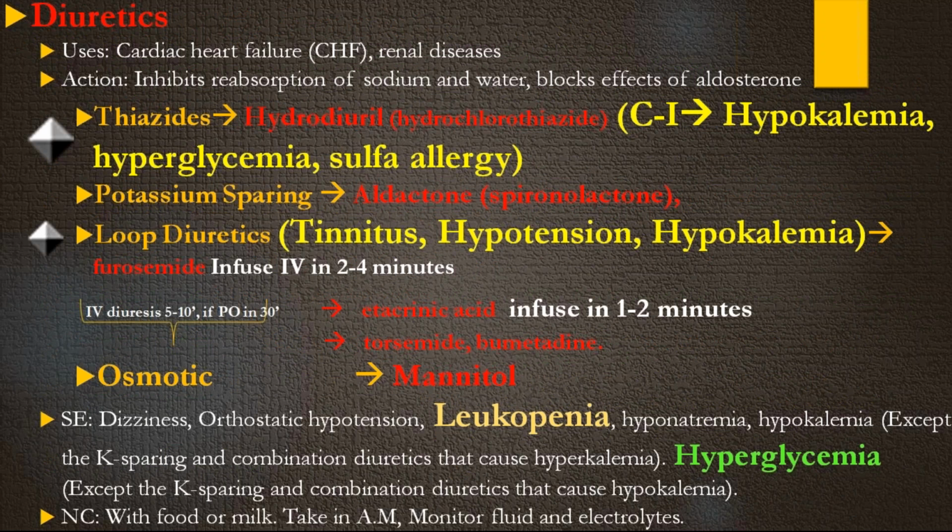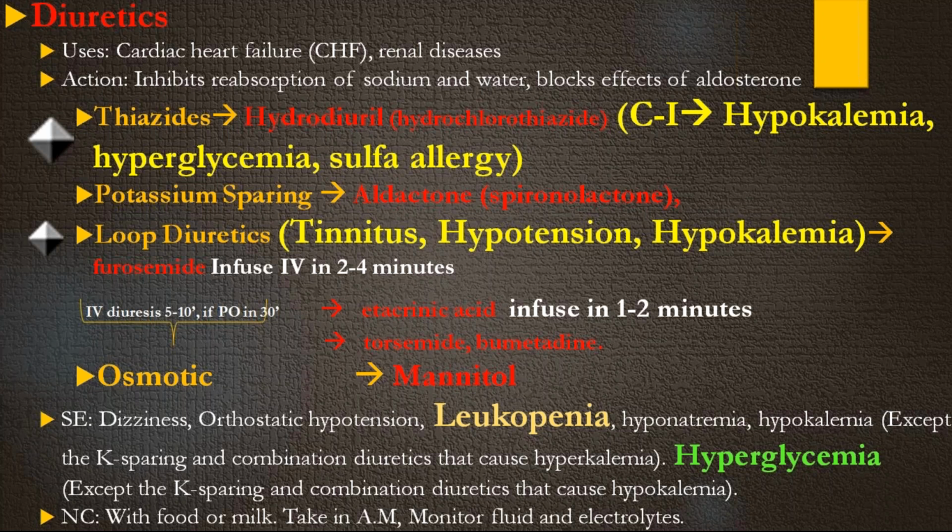And let's talk about diuretics. In diuretics it is super important to know the big guns and small guns. As big guns, number one, the loop diuretics. Number two, the potassium sparing. Number three, the thiazides, in that order.